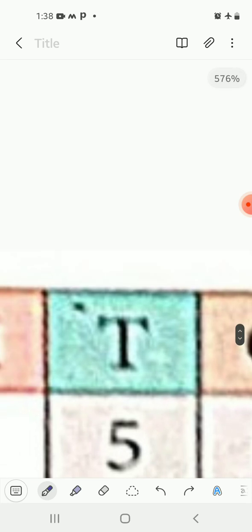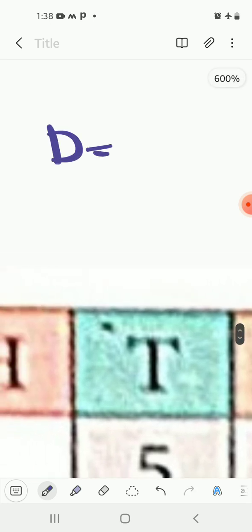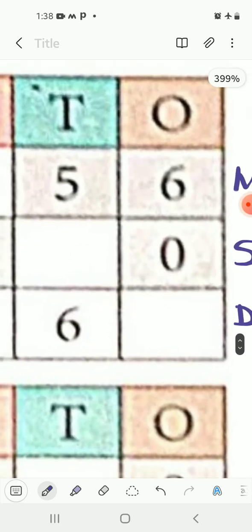The next is the subtrahend and the last one is the difference. Here we can see the difference is missing. To find the difference, the formula is minuend minus subtrahend. That is 6 minus 0, we get 6.